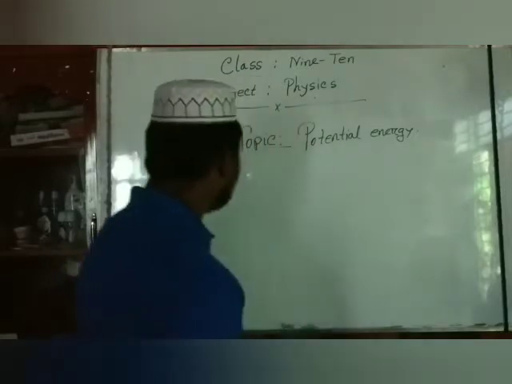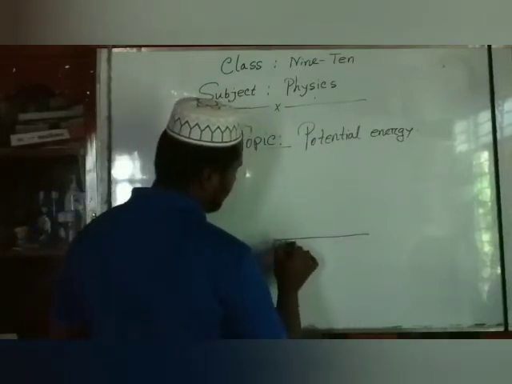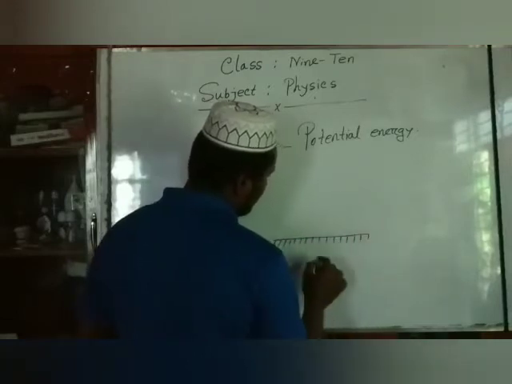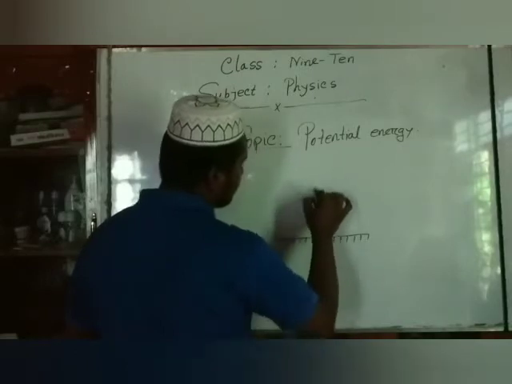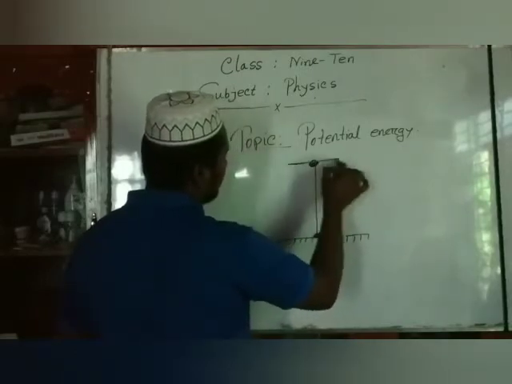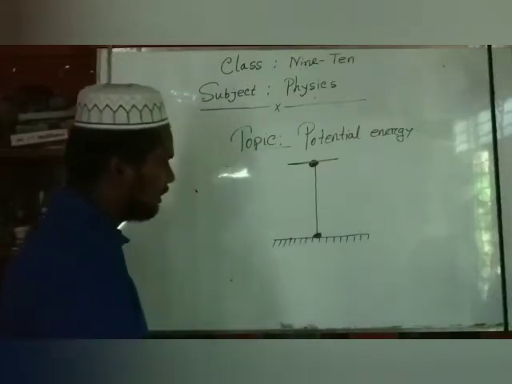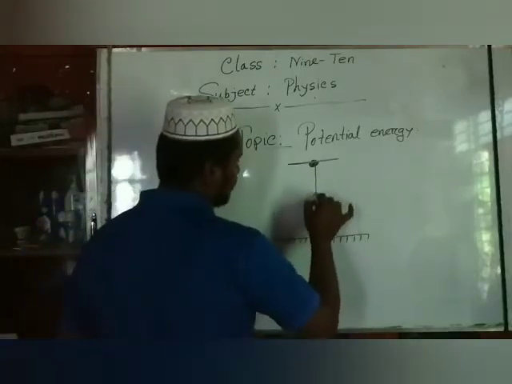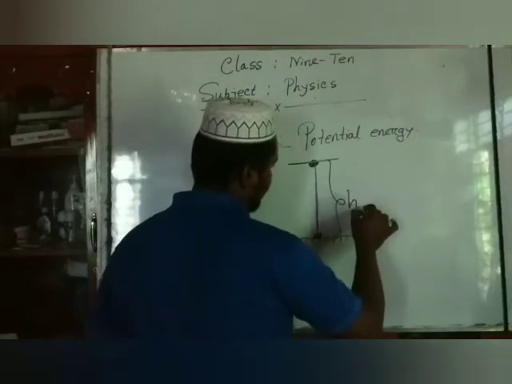So we say that an object has a normal position and some other position. Dear students, the normal position is on the surface, and the other position is at a height.